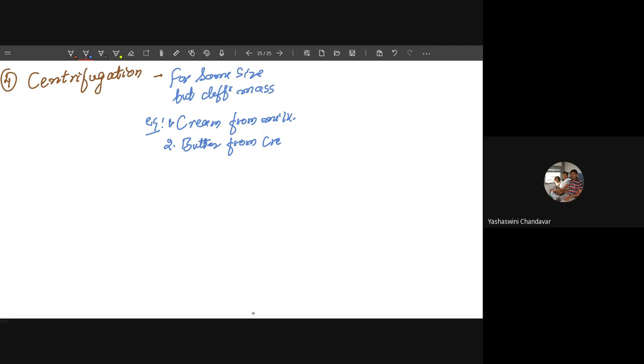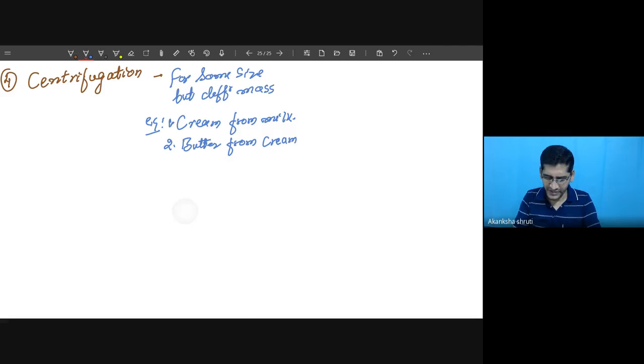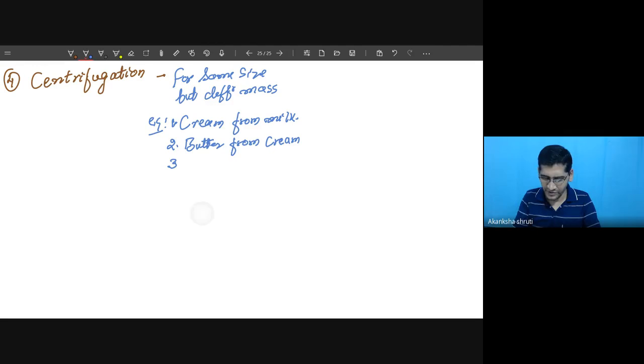Whatever pathological tests are conducted, it is by the process of centrifugation. Different components of blood like WBC, RBC have different masses, so they get separated.